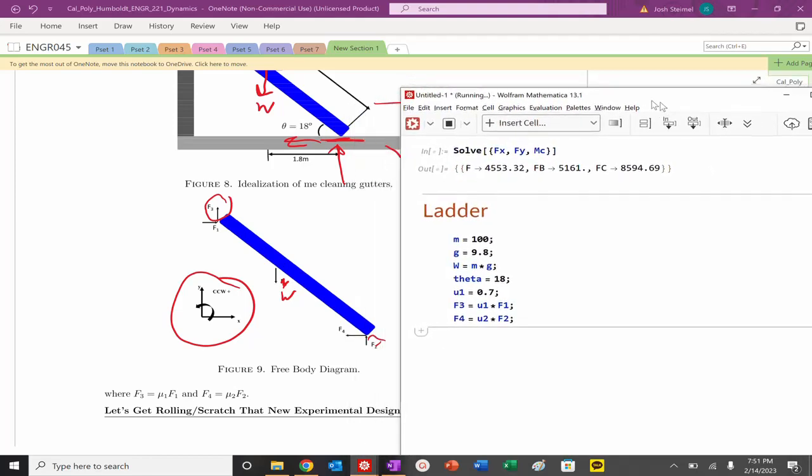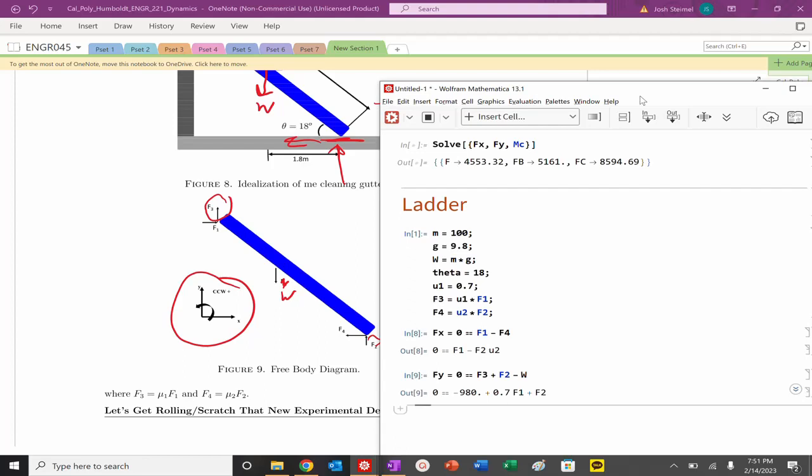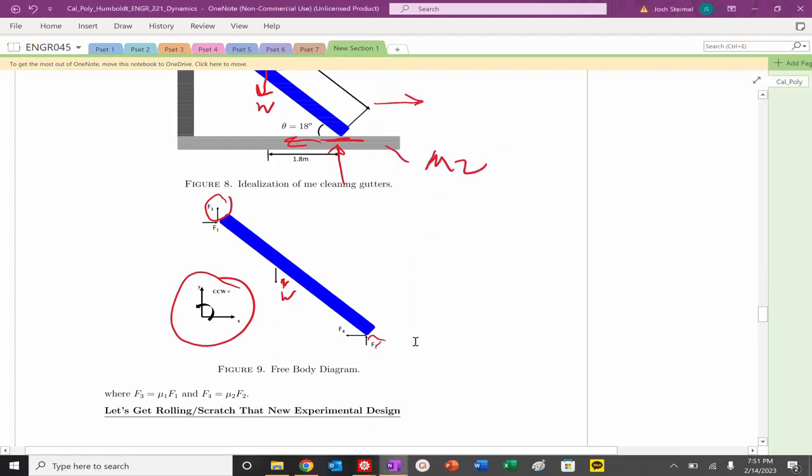Let's set up our expressions. Sum of Fx equals 0: F1 in the positive direction minus F4 in the negative direction. Sum of Fy equals 0: F3 plus F2 minus weight. Excellent. Now I need to do my moment.